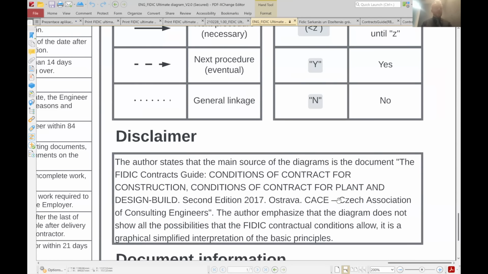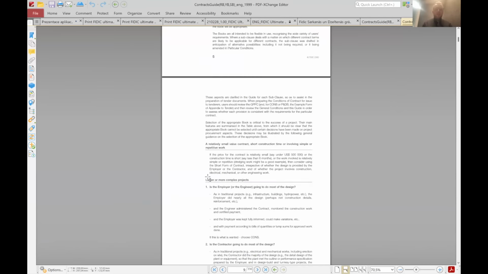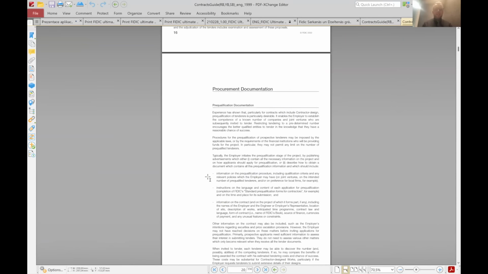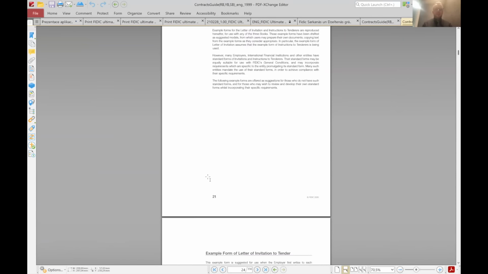Okay, so the contracts guide is the explanation of Fidic. It's the book that takes all of the subclauses in Fidic in a manner that you can see them one by one. So on the left side is the red book, in the middle is the yellow book, and on the right side is the silver book, and it's making comments on these subclauses. Okay, so it's giving them more purpose and more explanation. This is an official book of Fidic.